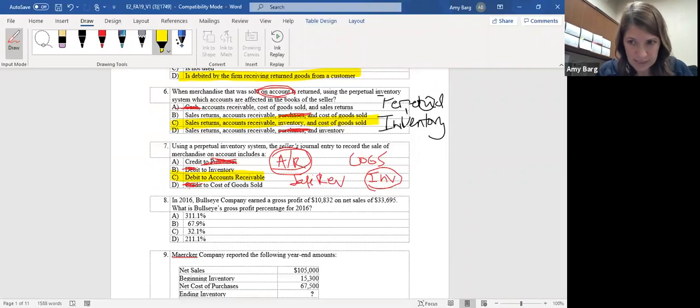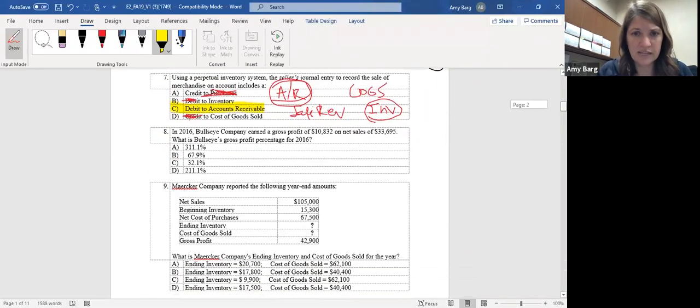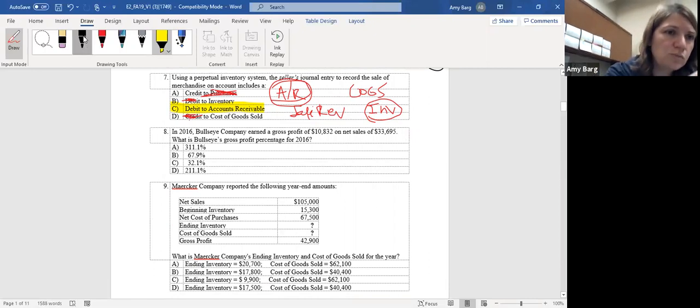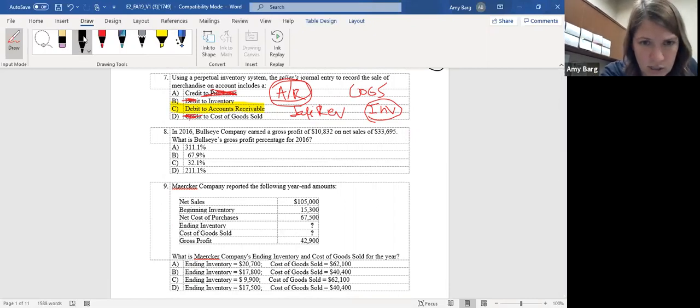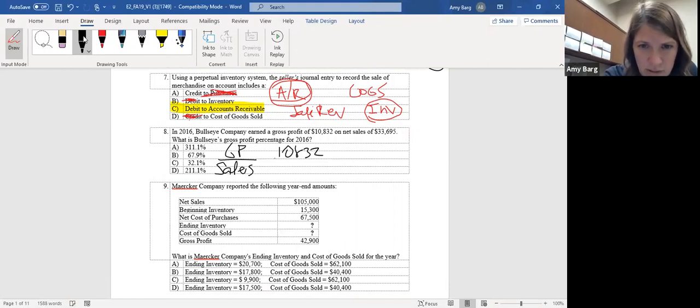In 2016, Bullseye Company earned a gross profit of $10,832 on net sales of $33,695. What is Bullseye's gross profit percentage? So the gross profit percentage is gross profit over sales. And it tells you what gross profit is, 10,832.